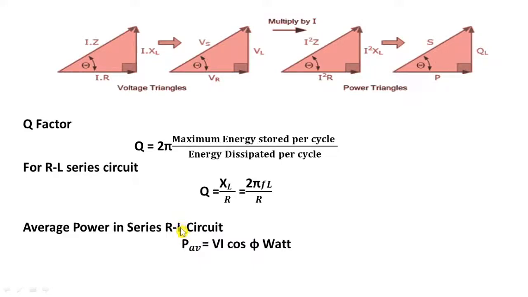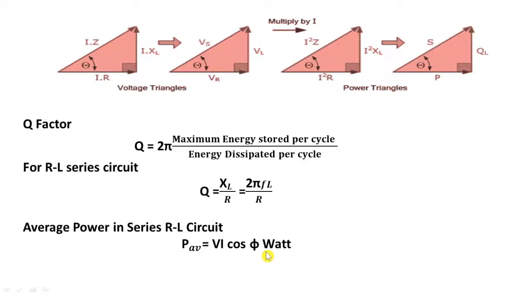We take only the power through resistor R, and it is VI cos of phi. So the average power PAV is equal to VI cos of phi watt.